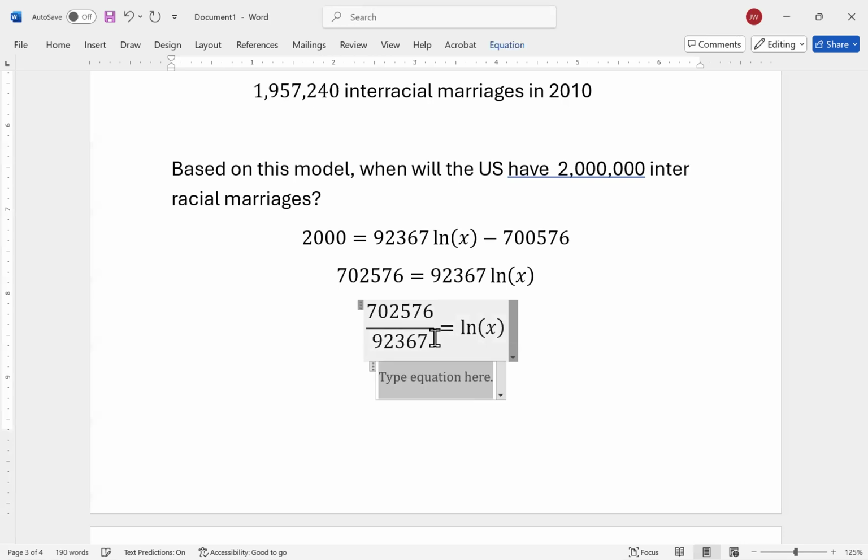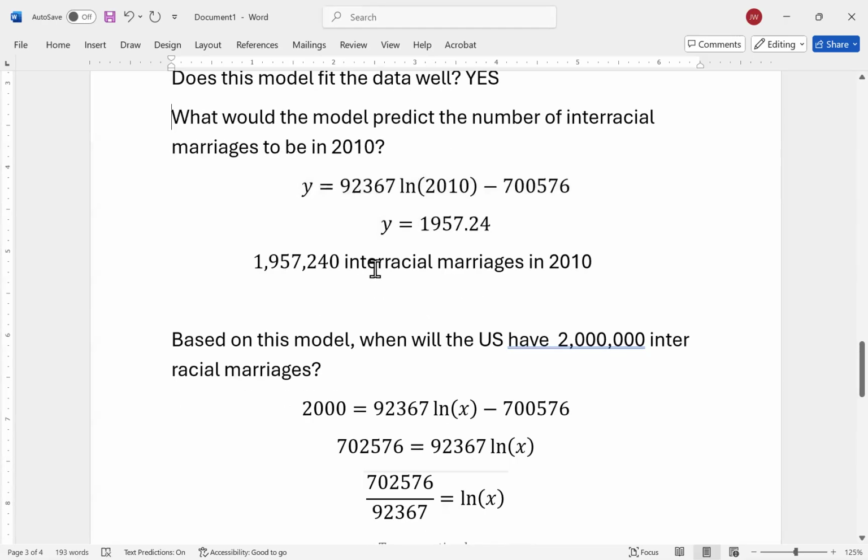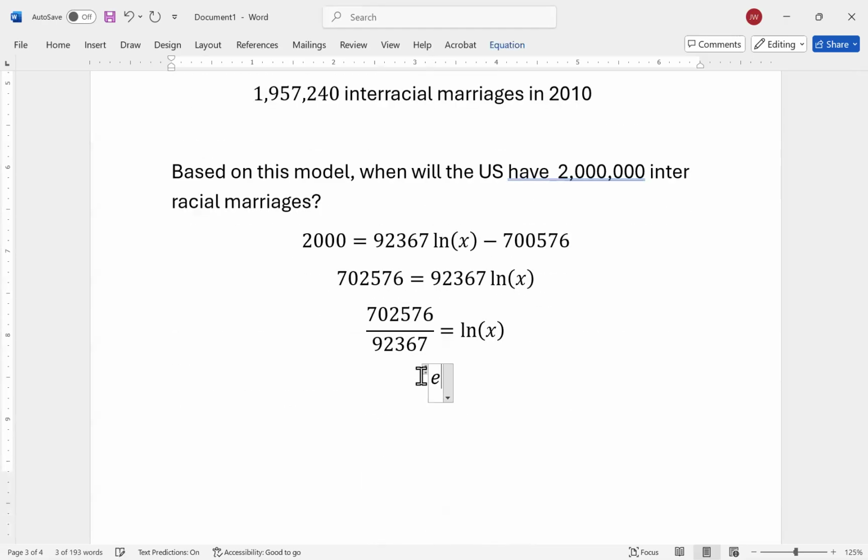But I'll write it out long ways right now. That's e to that power. That's what's going to be your x value. And what that turns out to be, we probably could have guessed, is pretty close to 2010. It's 2010.93.